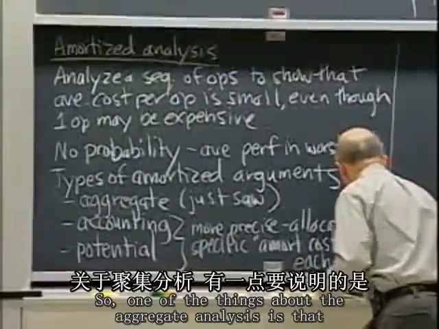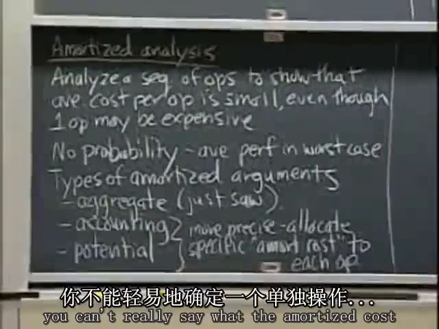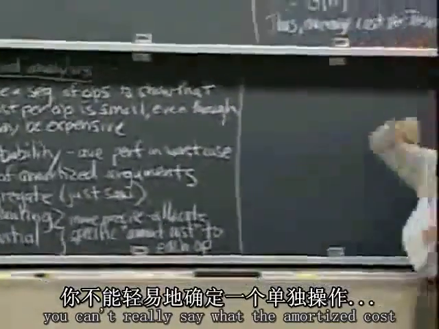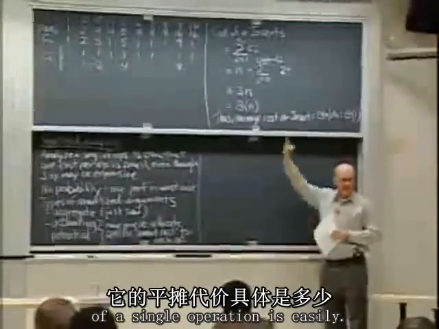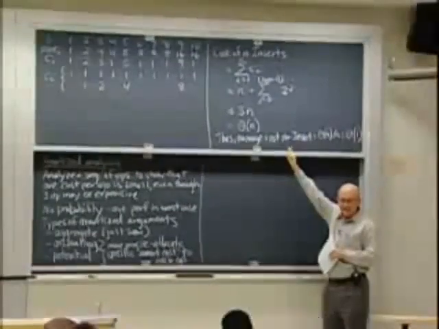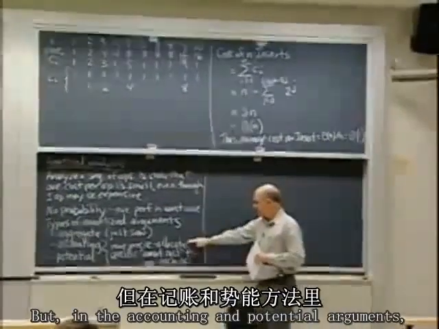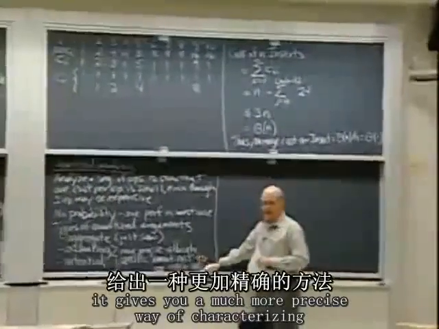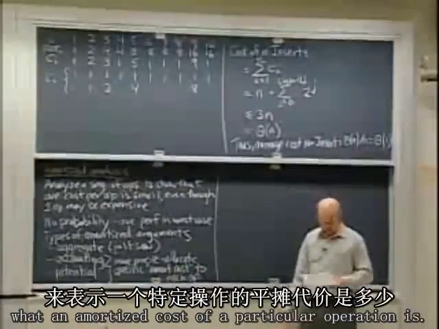One of the things about the aggregate analysis is that you can't easily say what the amortized cost of a single operation is. You can in this case; you can say it's order 1. But the accounting and potential arguments give you a much more precise way of characterizing the amortized cost of a particular operation.